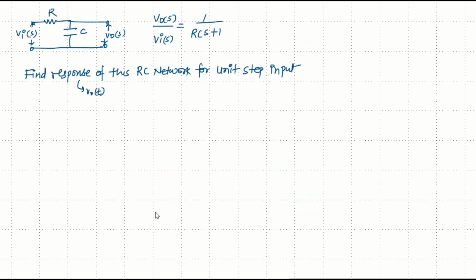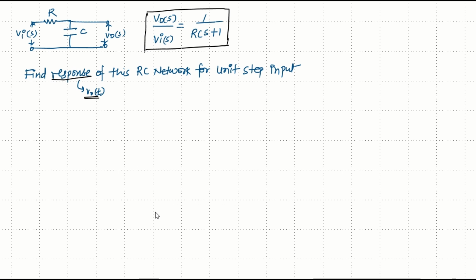Now let us discuss this RC network further. We got the transfer function of this RC network, VOs by VIs equals 1 by RCs plus 1. Now, can we find the response in the time domain, Vo(t), of this RC network for the unit step signal?